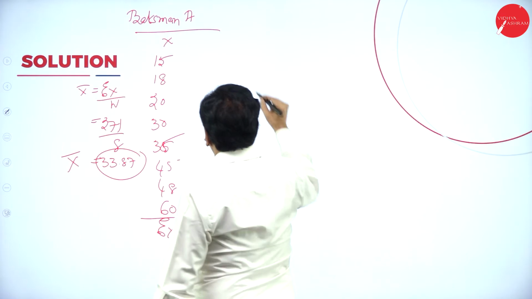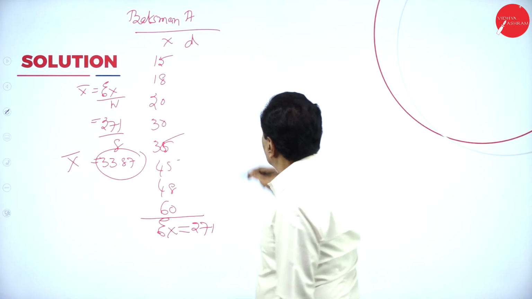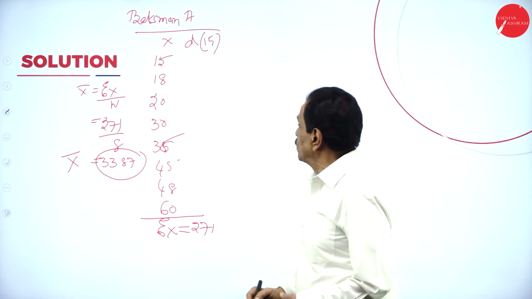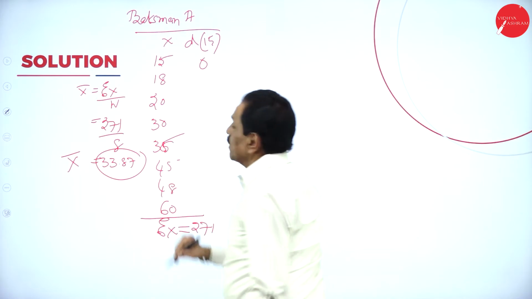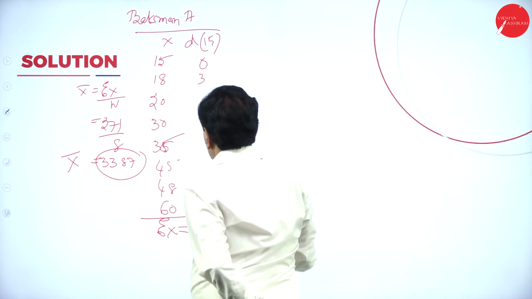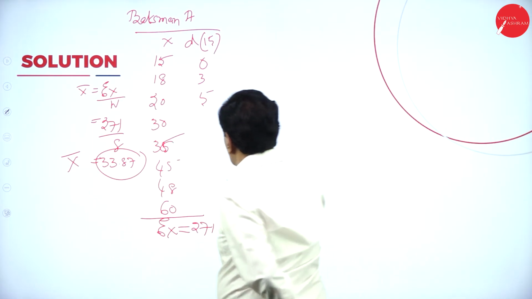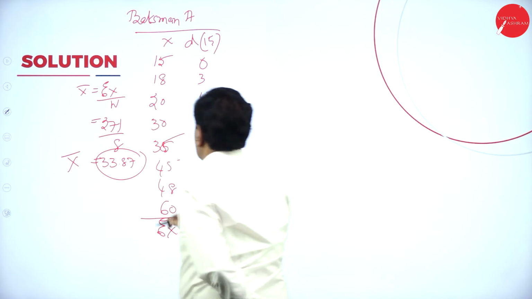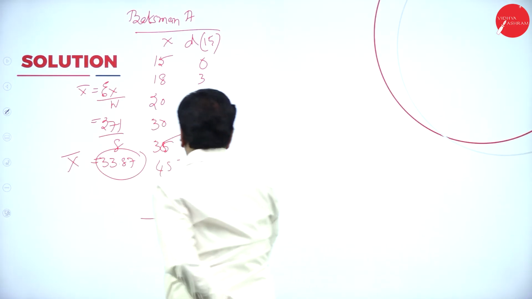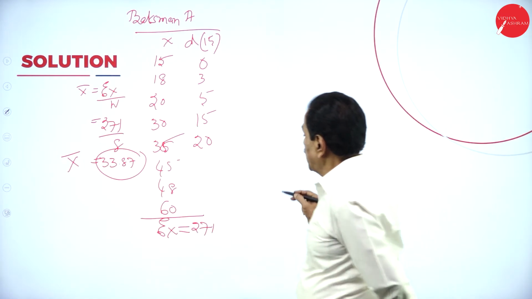Now take the deviation, where the lowest number is 15. So this is 0. 18, how much more? 3 more. 20, how much more? 5 more. 30, how much more? 15 more. 35, how much more? 20 more. 45, how much more? 30 more.